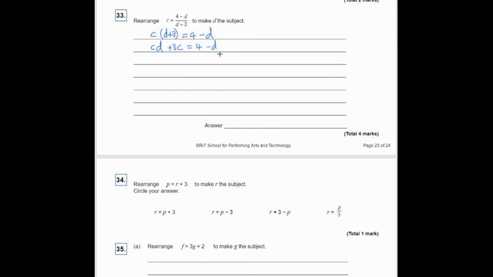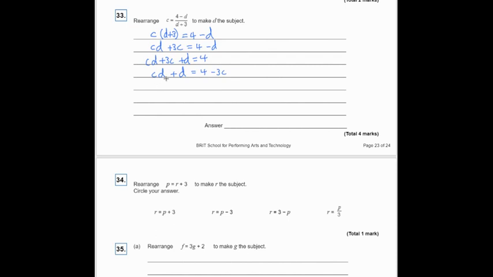Now what I'm going to do is get everything with a D on one side of the equals and everything without a D on the other side of the equals. So if I add D to both sides, I end up with CD plus 3C plus D equals 4. If I take away 3C because that does not have a D, I get CD plus D is equal to 4 minus 3C.